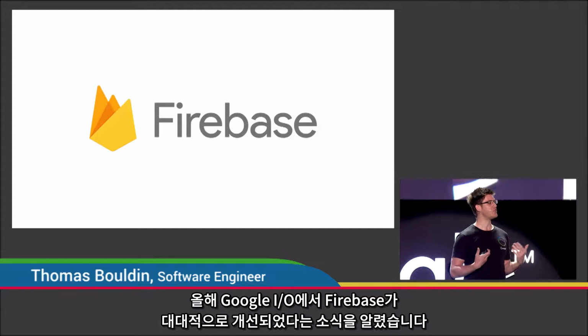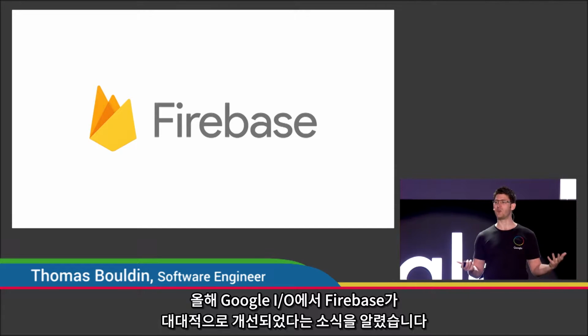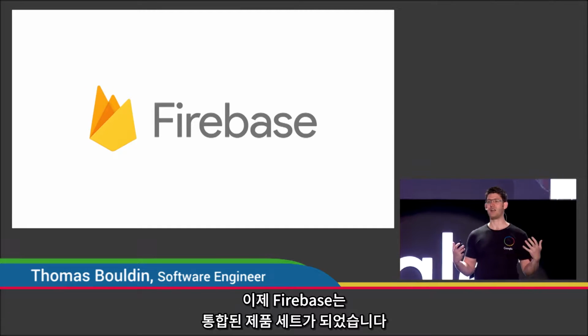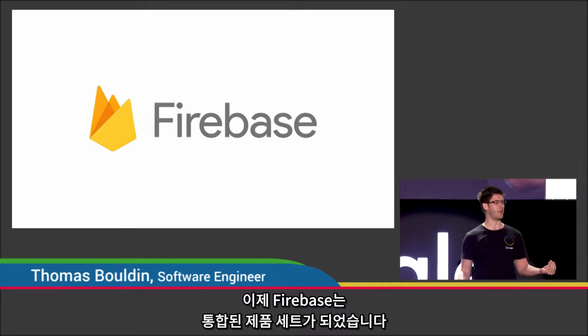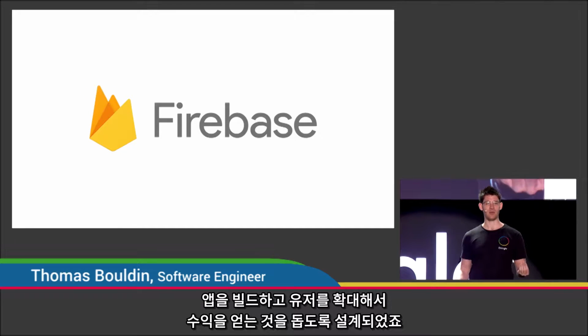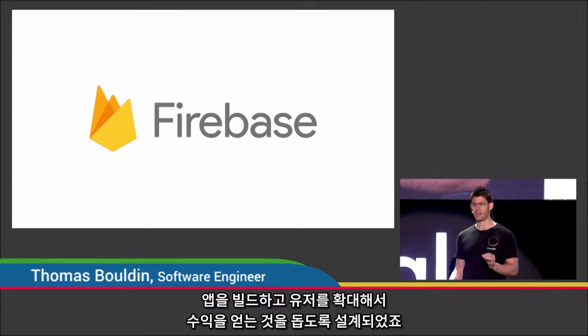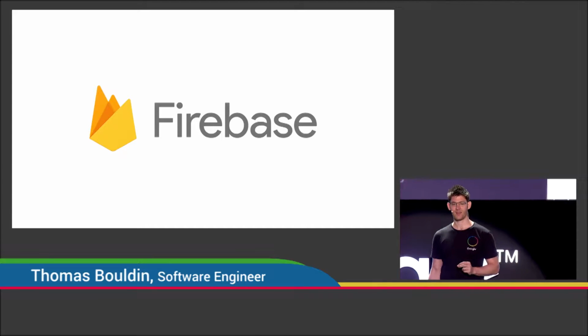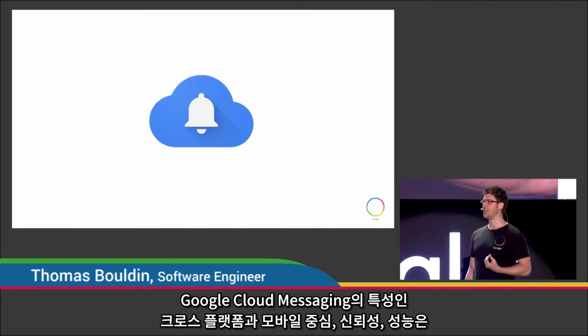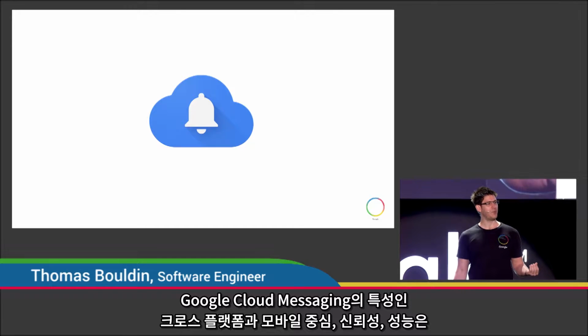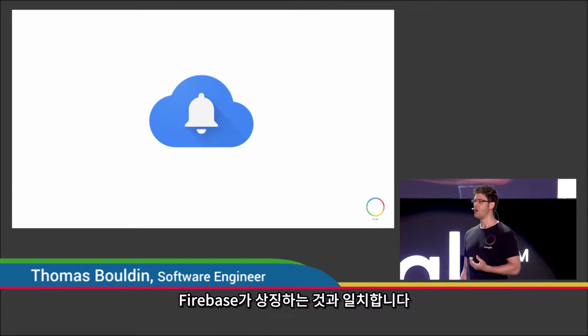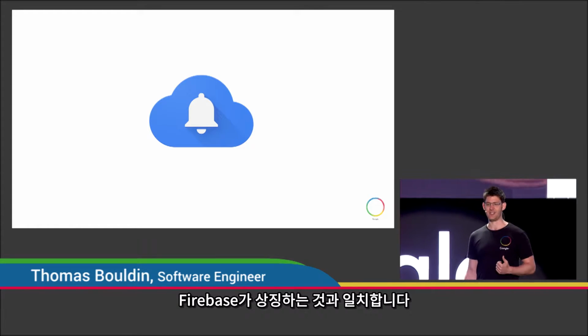Now, meanwhile, at this year's Google I/O, we announced major improvements to Firebase. Firebase is now an integrated suite of products designed to help you build your app, grow your user base, and earn money. And these qualities of Google Cloud Messaging, being cross-platform, mobile-first, reliable, and performant, are things that we stand for in Firebase.